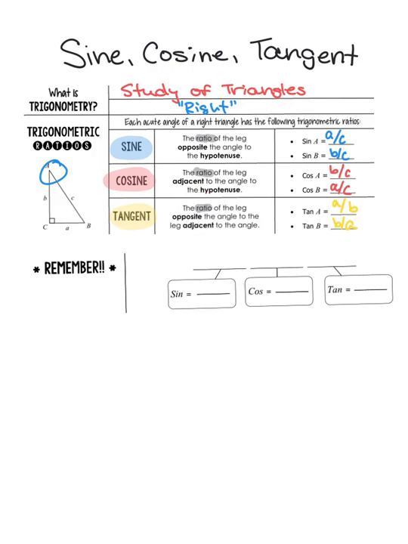But my favorite one is O, ah, O, ah, O: opposite over hypotenuse, ah, adjacent over hypotenuse, opposite over adjacent.